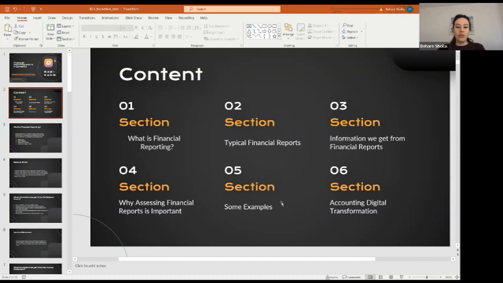Also, I have included some examples where we can see from practice what good financial health is and what is not so good financial health. And also I have included at the end the digital transformation of accounting as a profession. This is important for accountants, but also for businesses that seek to transform the accounting system.